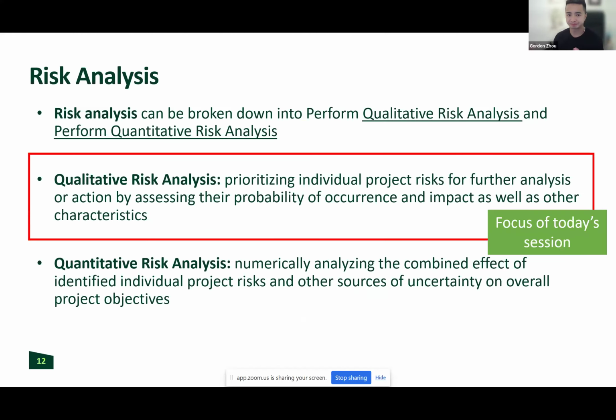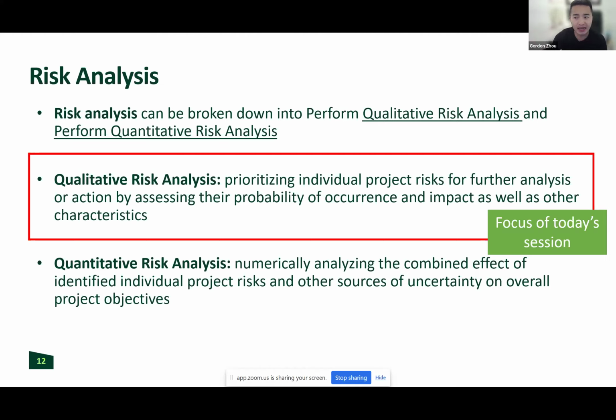Okay, so risk assessments. Just to keep this very, very simple, risk analysis can be performed either qualitatively or quantitatively. Today's focus will be on the qualitative side. Qualitative risk assessment is basically assessing two things: the probability, or the likelihood, of that risk happening.